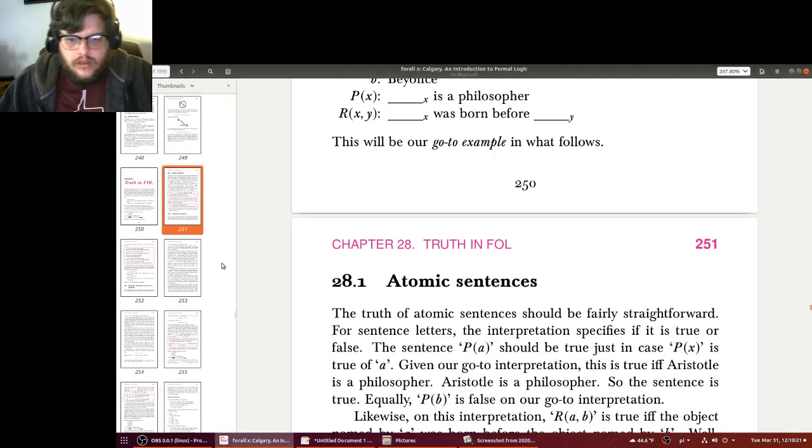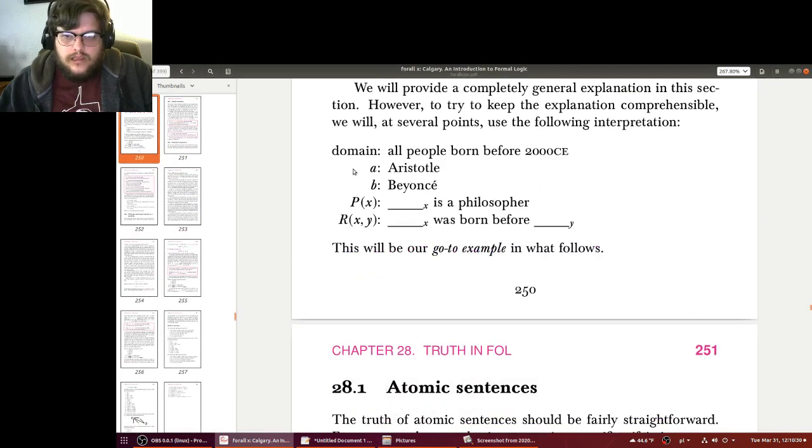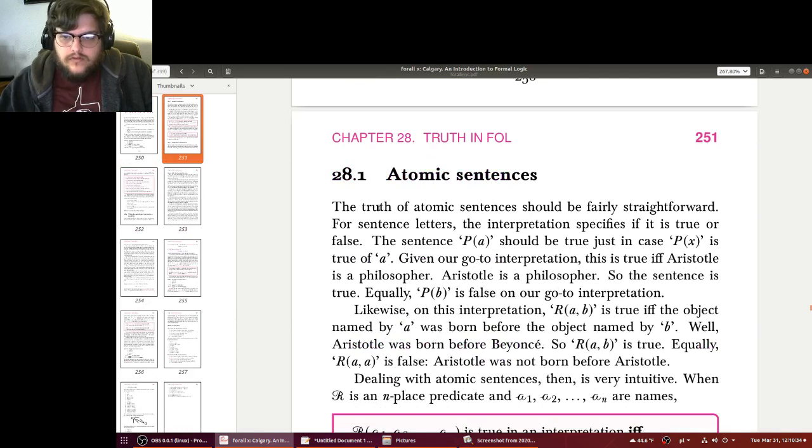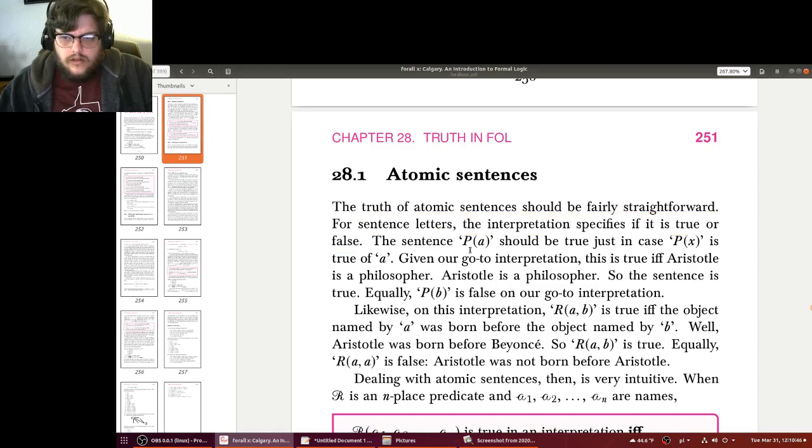Okay, atomic sentences. The truth of an atomic sentence, like I said, is straightforward. When we defined an interpretation, we're kind of taking care of all these already. The interpretation specifies if it is true or false. It's exactly what I just said.